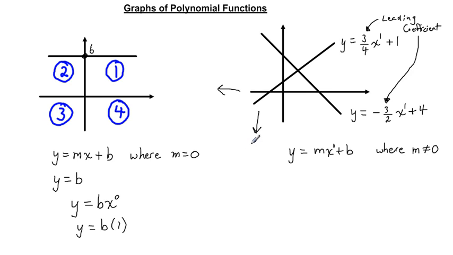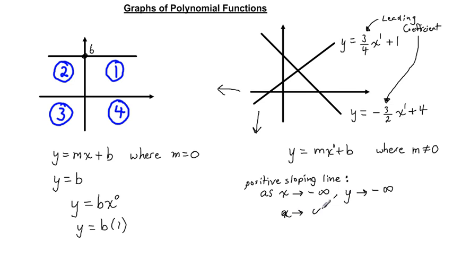And we would write that as x approaches negative infinity, the y values also approach negative infinity. At the other end of the line, as the x values get very large, so as x approaches positive infinity, we'll notice that the y values also approach positive infinity.